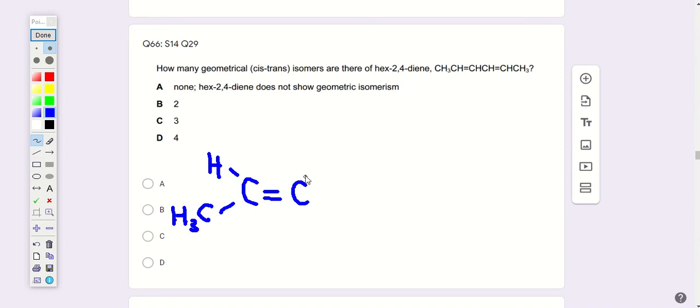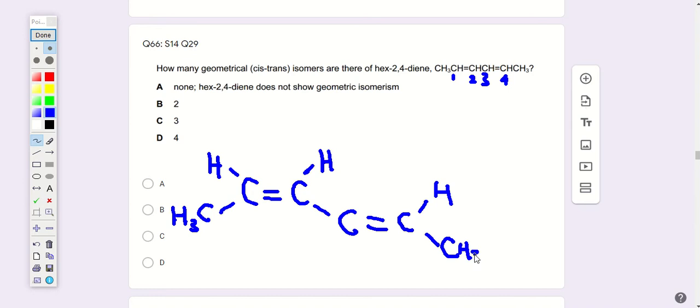Okay, so I'm drawing the structure now for carbon number 1 and 2, followed by 3 and 4. One of the answers says that it does not show geometric isomerism, so we want to confirm that first.